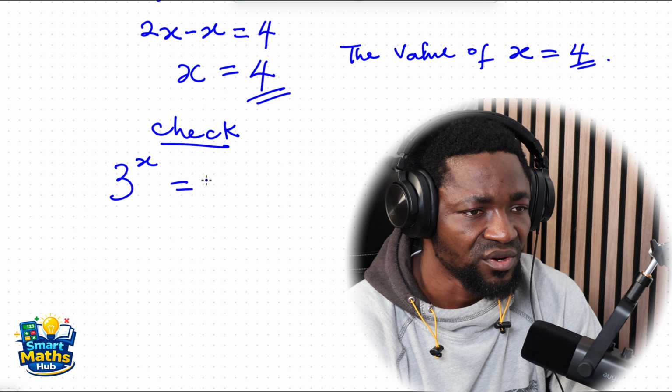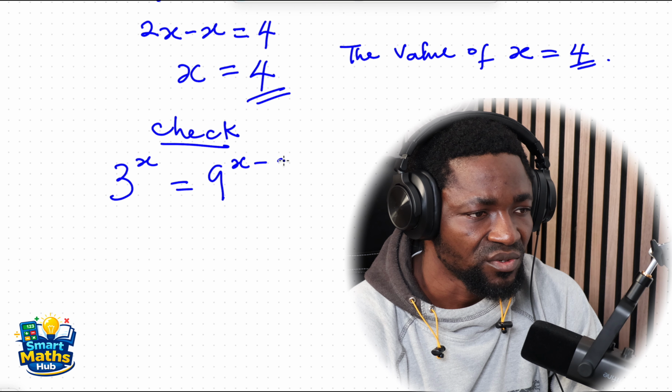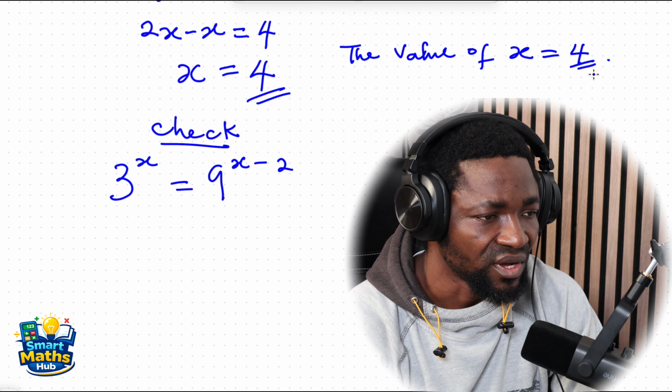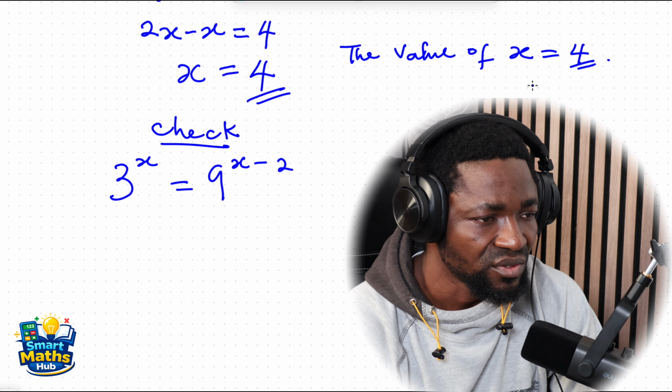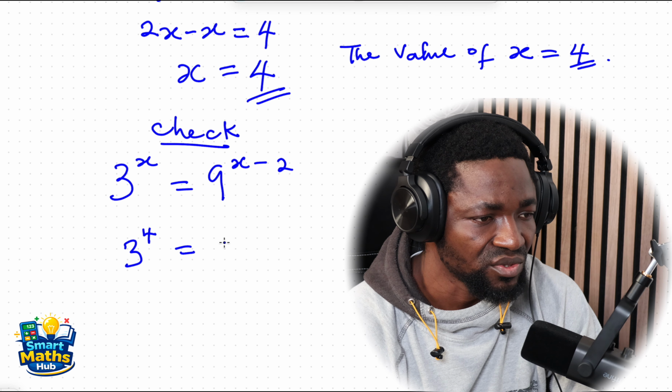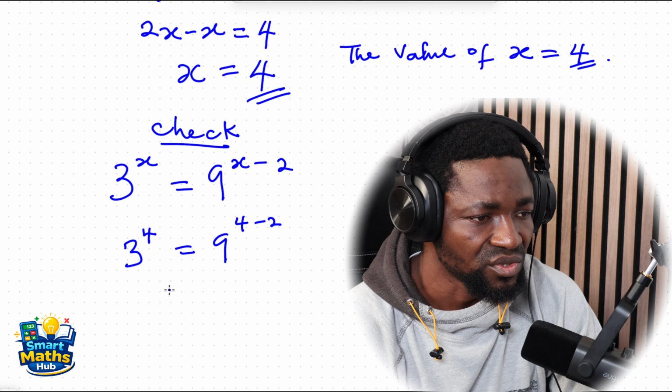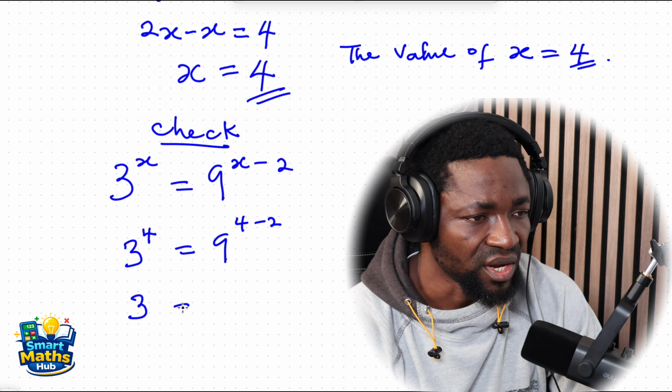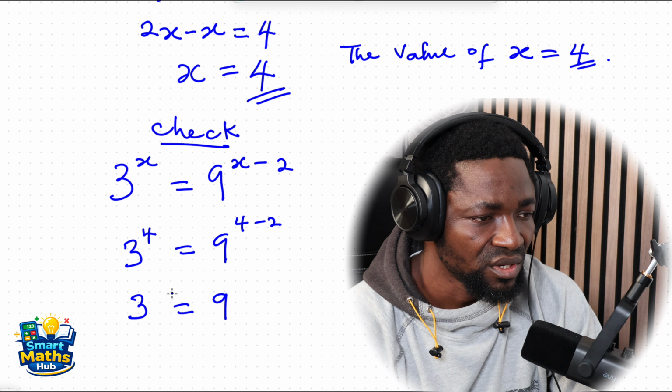For x equals 4, we have 3 raised to power 4 equals 9 raised to power 4 minus 2, which is 9 raised to power 2.